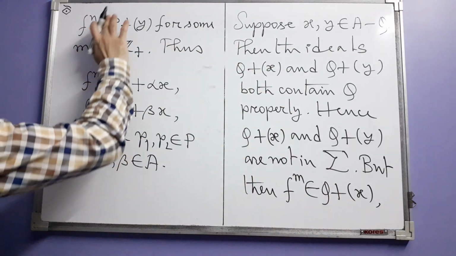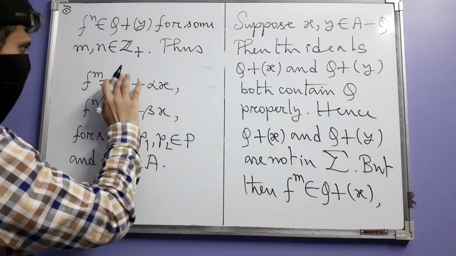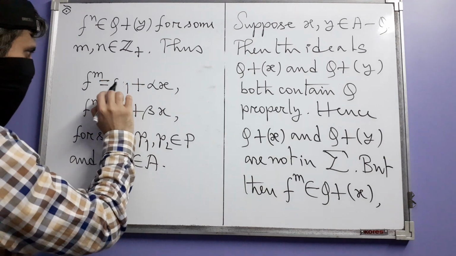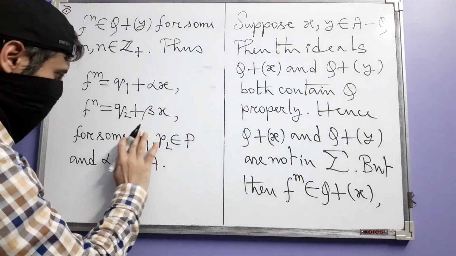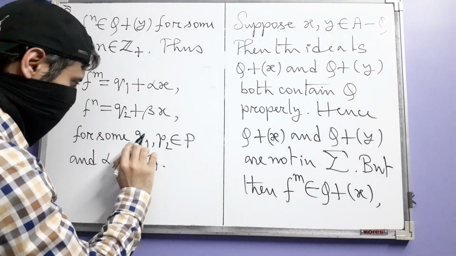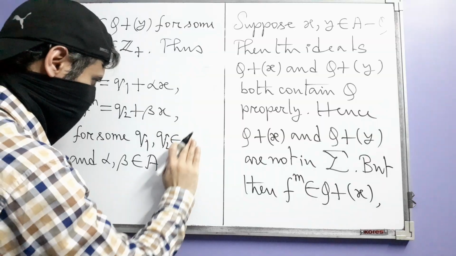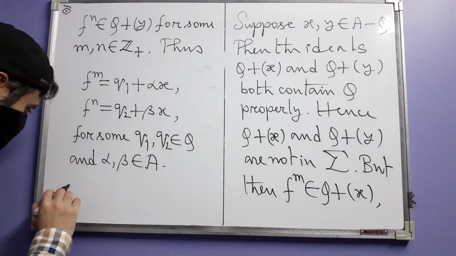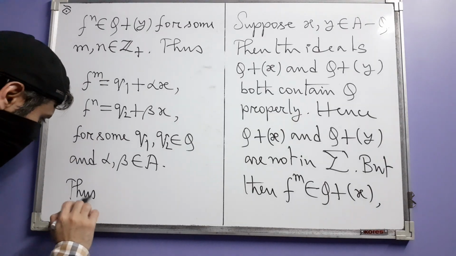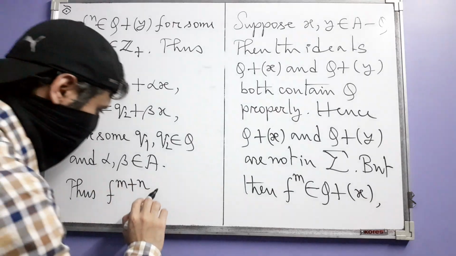Q, this is also Q. If you want, you can change these also, Q1, Q2, belonging to Q. Yeah, now it's okay. Thus, what will happen if we now calculate this?